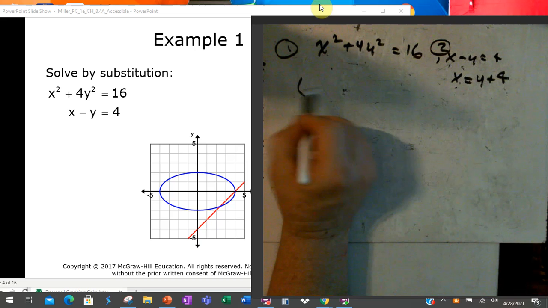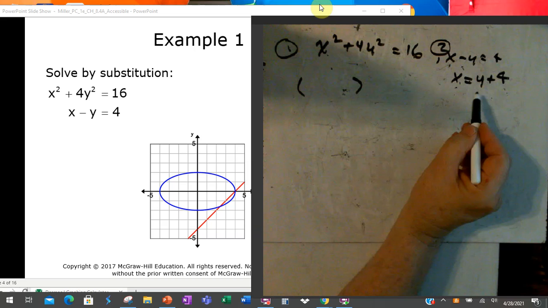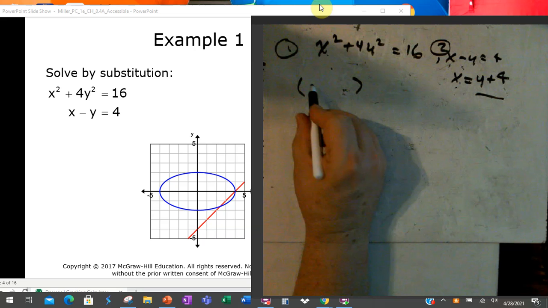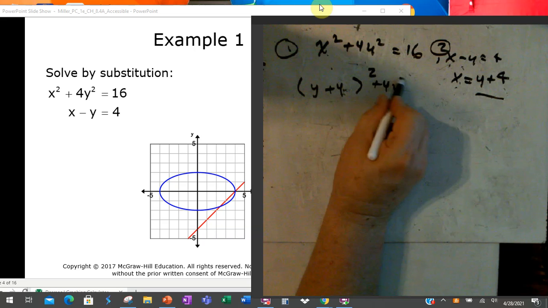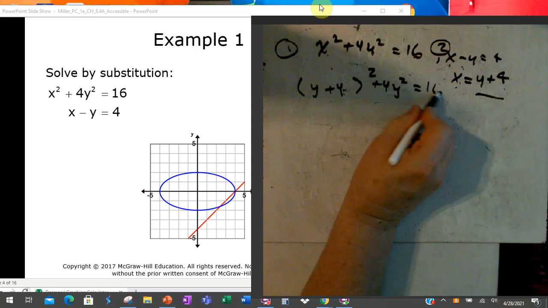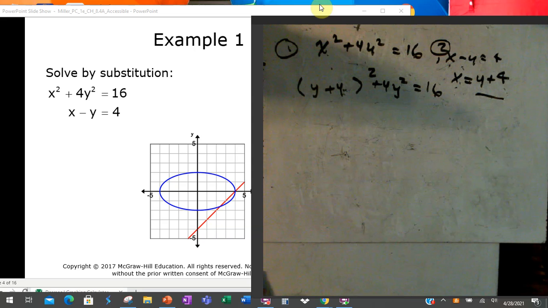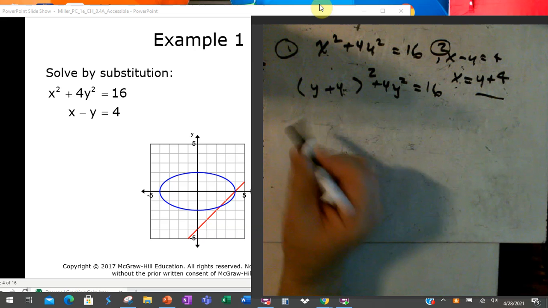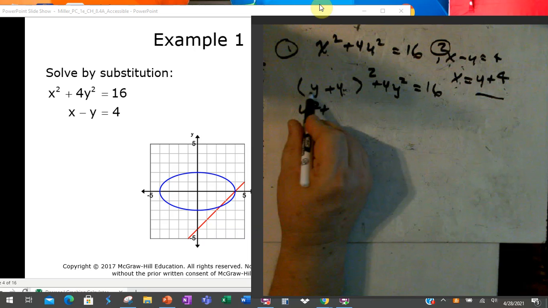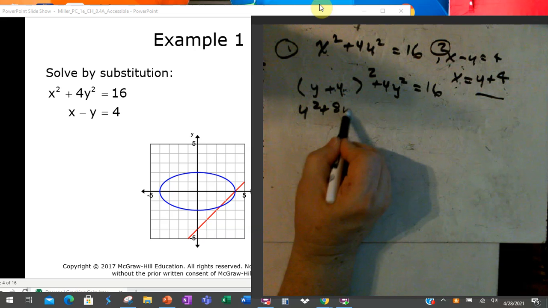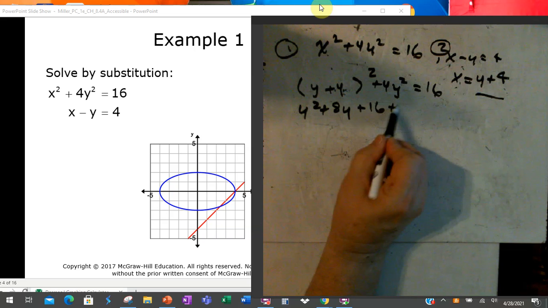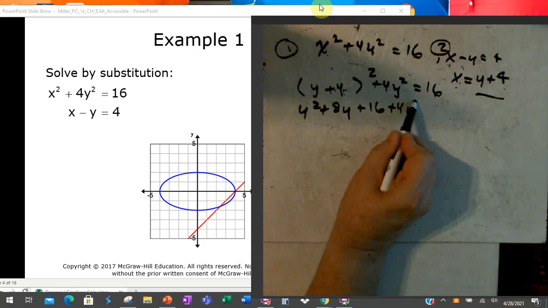Wherever I see the x, I'm going to put my stuff here: y plus 4 squared plus 4y squared is equal to 16. Let's see what we get. I square this out: y squared, multiply the 2 together, 4y doubled is 8y, and then square the last one is plus 16, plus 4y squared is equal to 16.